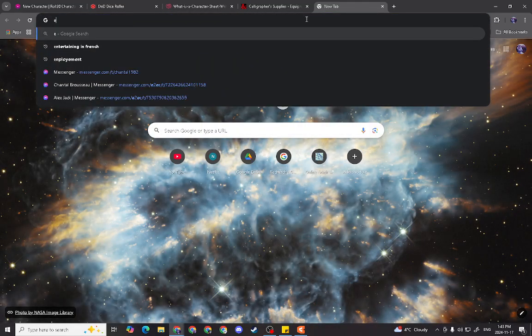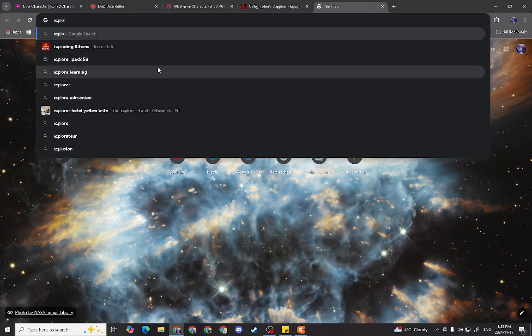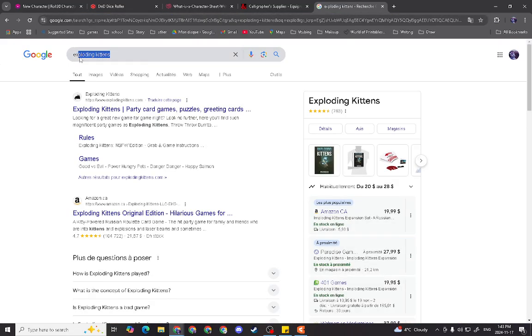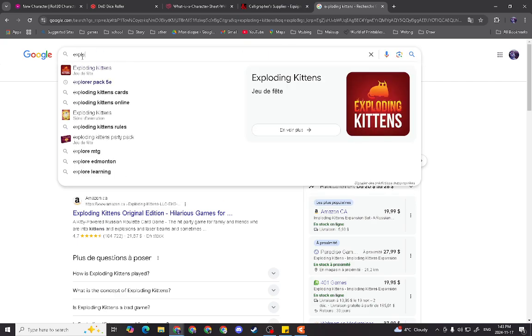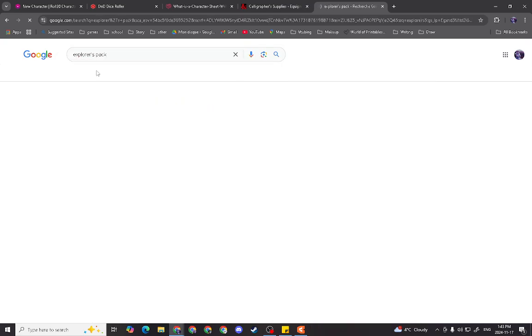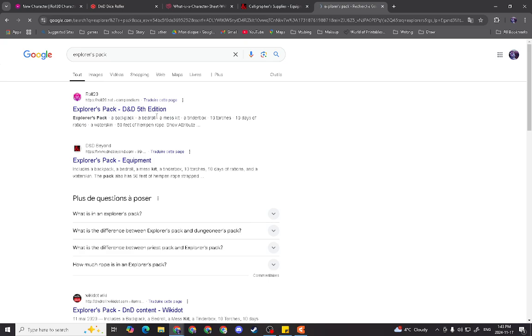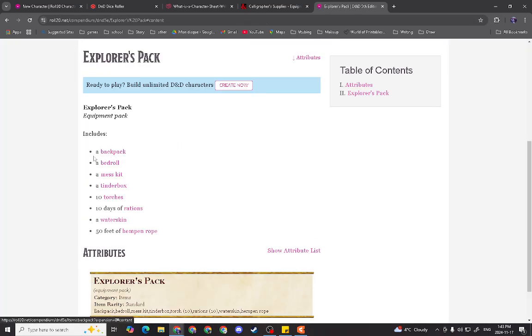Real quick, I'm going to show you what an explorer's pack is. Come on, load faster than that. So you get a backpack, a bedroll. A bedroll is a sleeping bag.